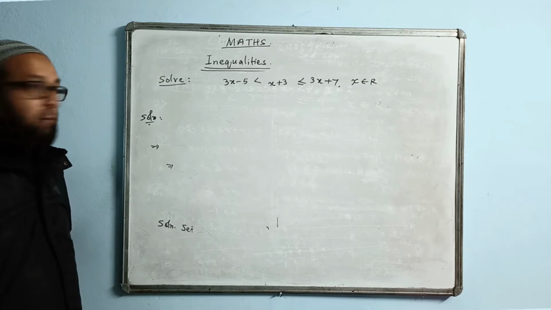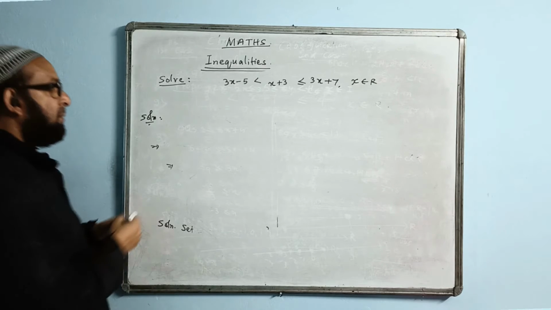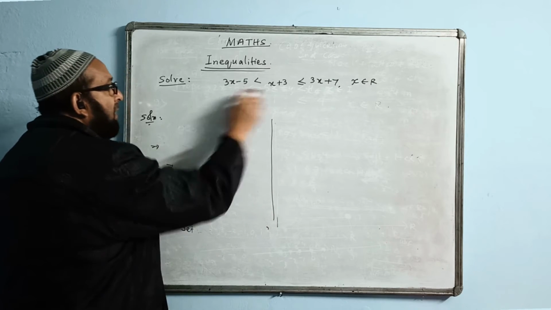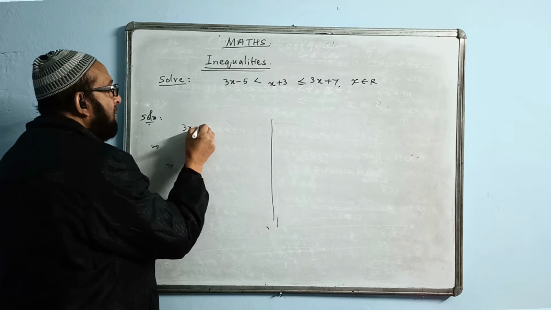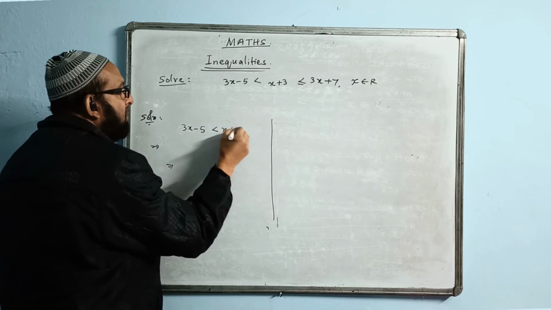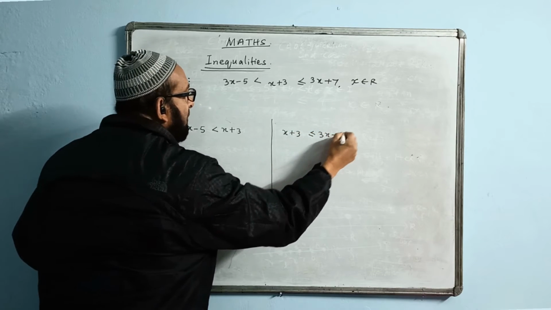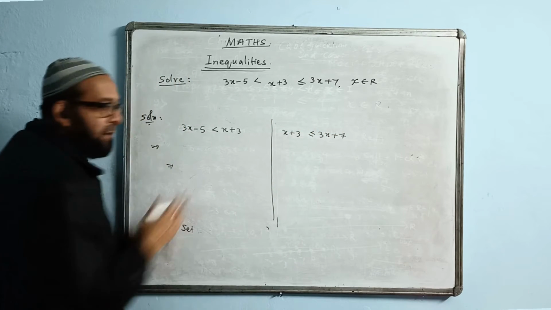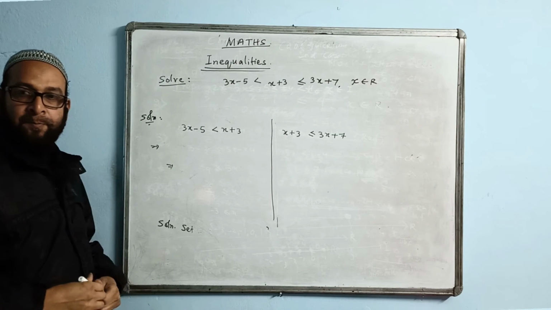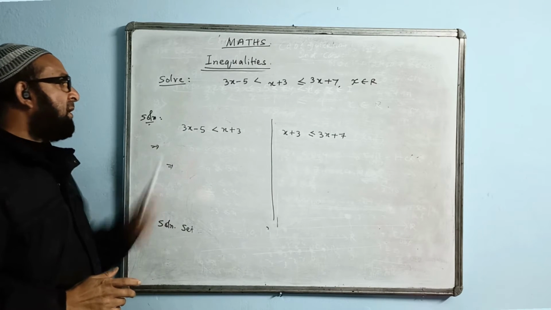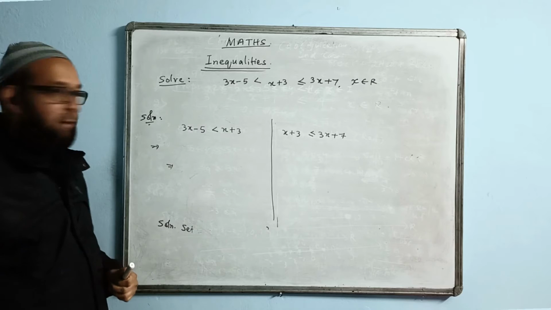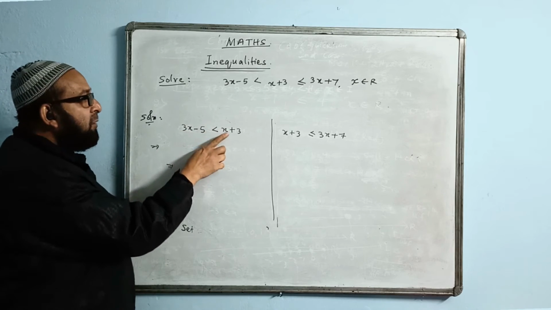First, what should we do? We should split the inequation given. Let me write this: 3x minus 5 less than x plus 3. On the other side I write x plus 3 less than or equal to 3x plus 7. By drawing a line, you split it into two parts. I'll solve this part first and then I'll go to the other side. 3x and x, which one is better?